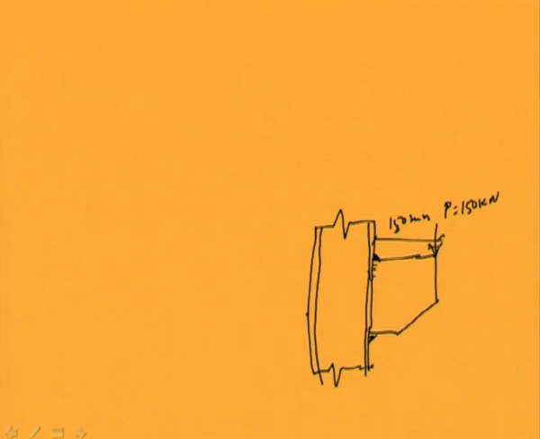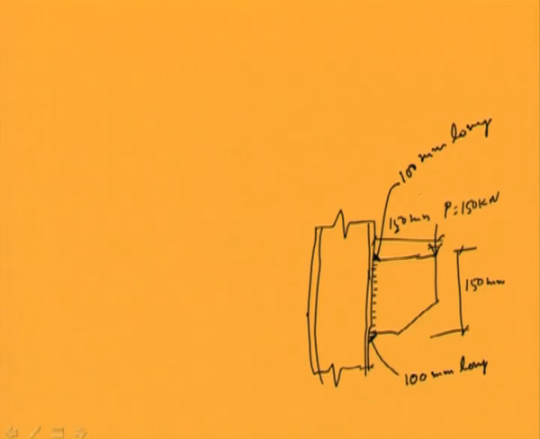The welded joint is made here, throughout this depth. This depth is 150 mm, and here a 100 mm long weld is also provided horizontally. Here also a 100 mm long weld has been made.